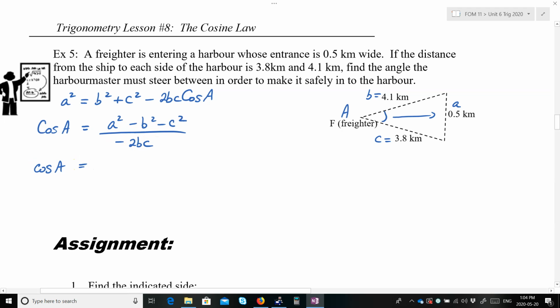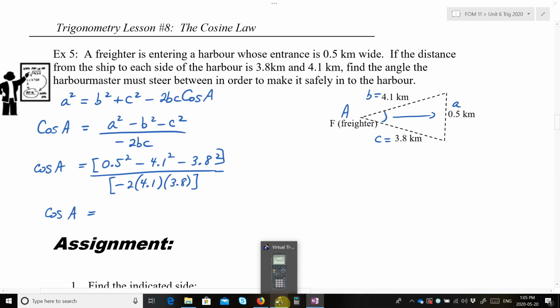So cos A is going to equal 0.5 squared minus 4.1 squared minus 3.8 squared, all divided by negative 2 times 4.1 times 3.8. Okay, so it's the whole top divided by the whole bottom.